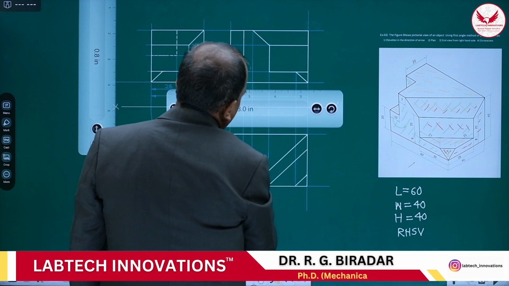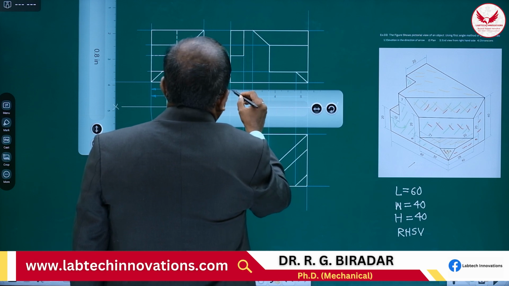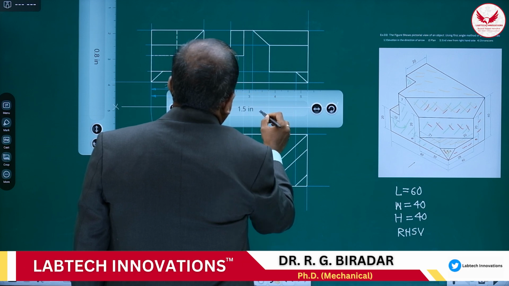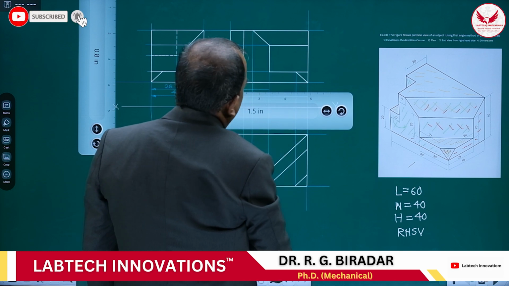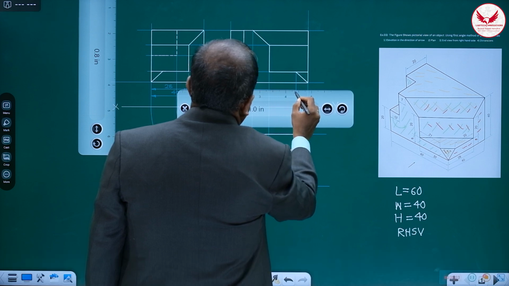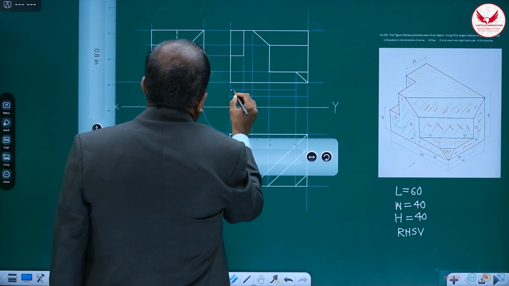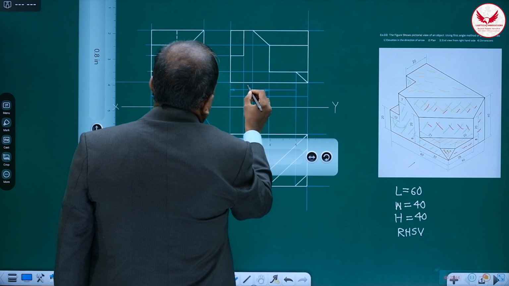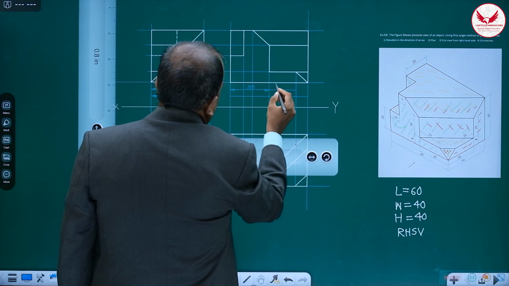Then this dimension up to this, it is 30, and it is 21. Means that the remaining is automatically 9. So it is 30.